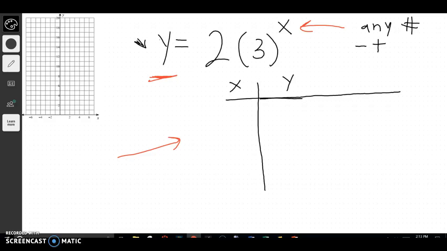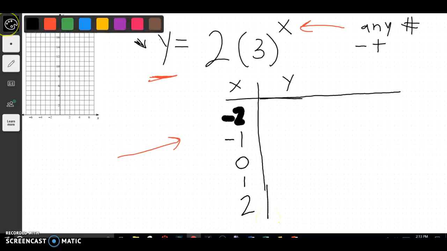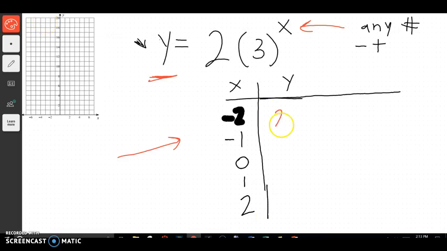So the numbers that I generally pick are -2, -1, 0, 1, and 2. And we'll plug those in for the X values and see what we get. When I plug that in, I would have 2 times 3 to the -2nd power.